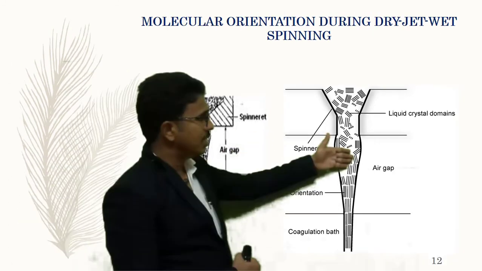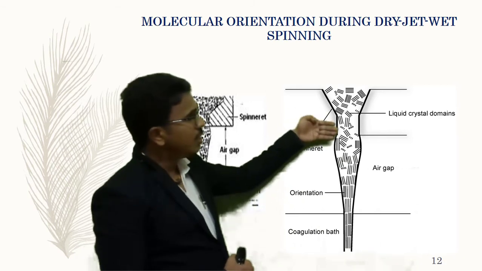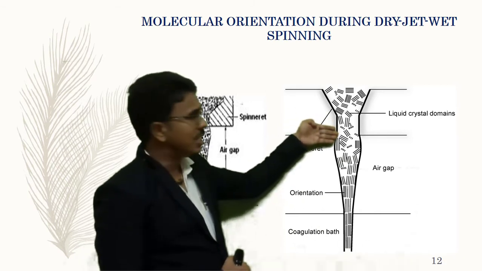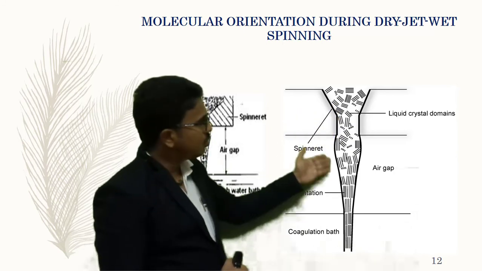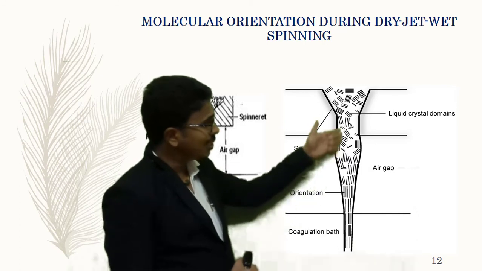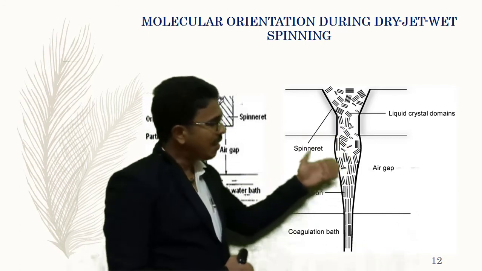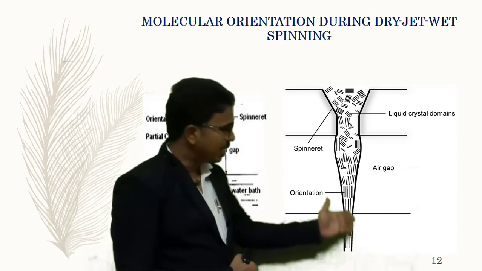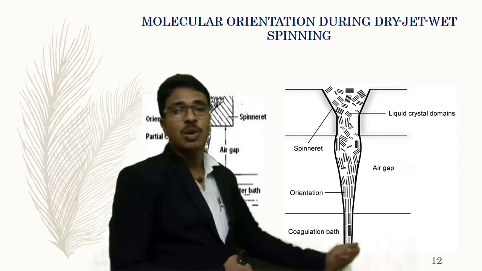In the next image, you can see how the molecules are oriented at the spinneret. When it comes to the air gap, you can see how the molecules inside the filaments are trying to orient. And when it comes to the coagulation bath, you can see how orderly the molecules are oriented.